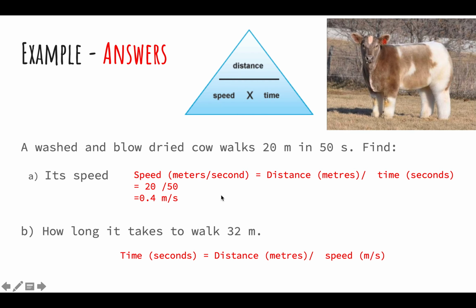So we've got the distance being 32 meters and the speed being 0.4 meters per second from that previous question. We plug that into our calculator, and we should end up with 40 seconds, which sounds about right.